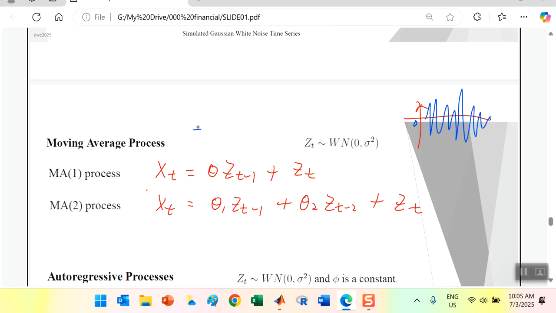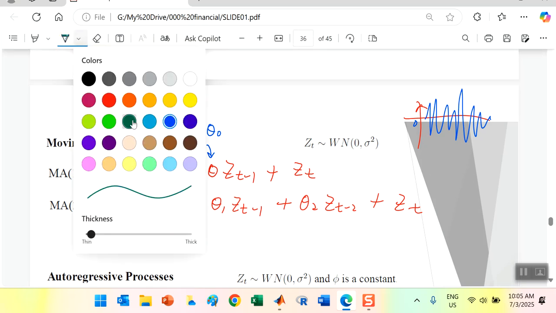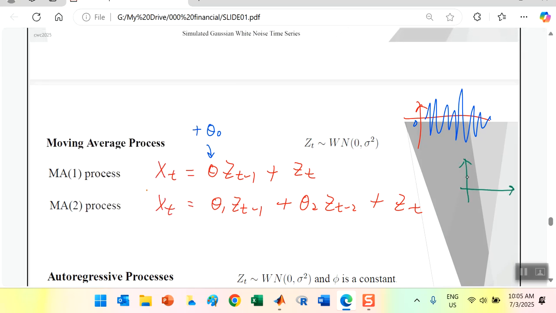If you add, let's say, theta naught to the equation, then the series will shift. If theta naught is 0.5, it will shift to 0.5, so the series will fluctuate about the 0.5 level. If theta naught is 0, it will fluctuate around 0.